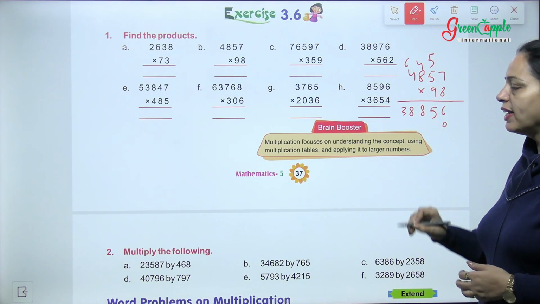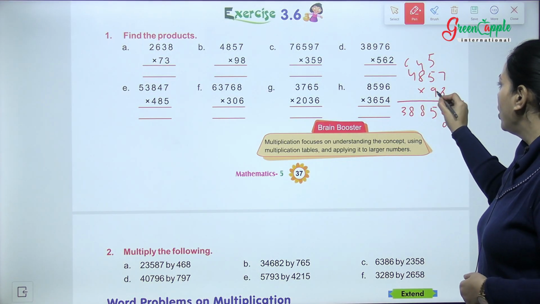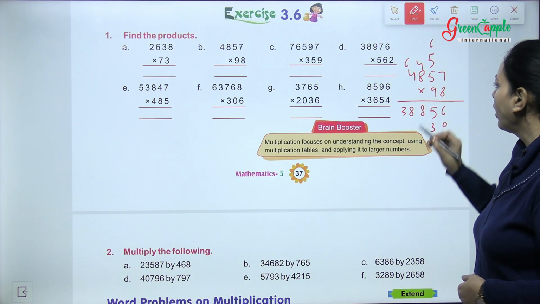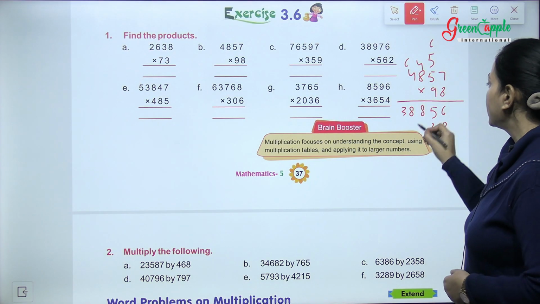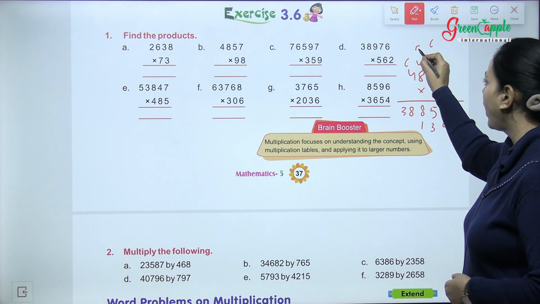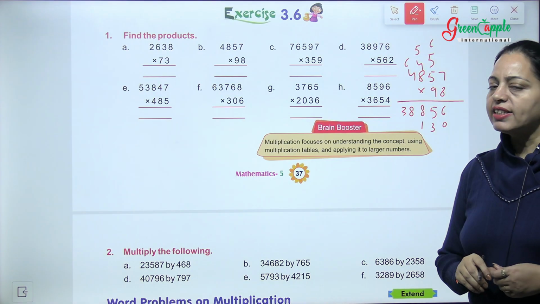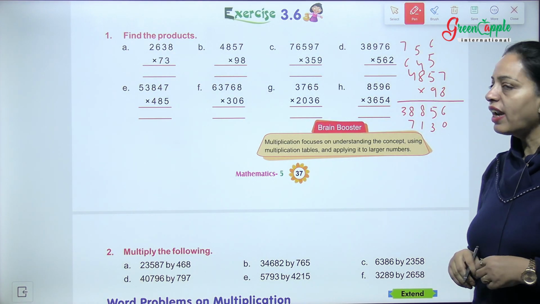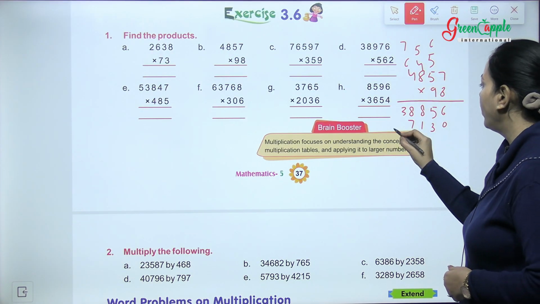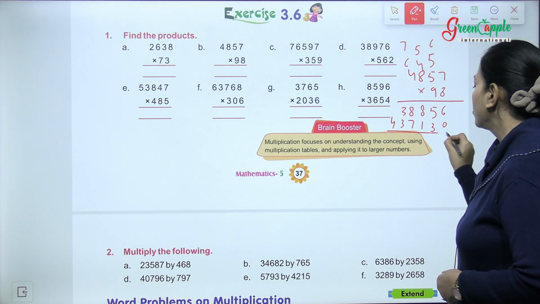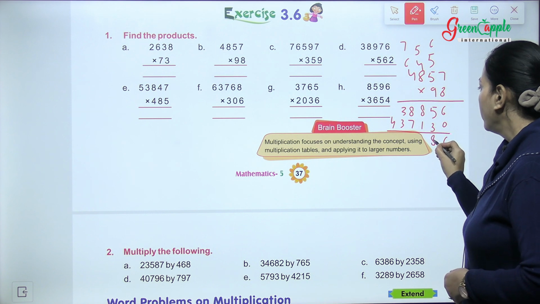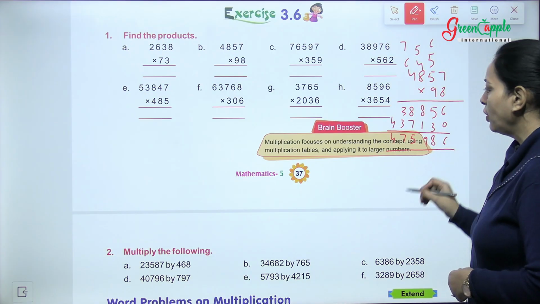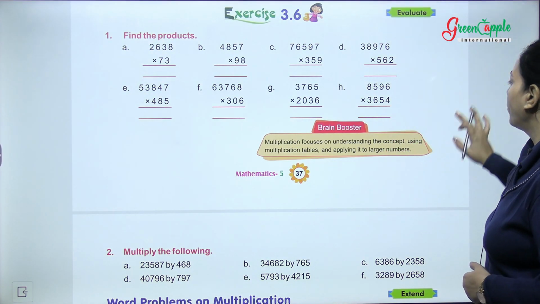Now multiply by tens digit 9, so here 0, 9 7s are 63, 3 here 6 carry, 9 5s are 45 plus 6 is 51, 1 here 5 carry, 9 8s are 72 plus 5 is 77, 7 here 7 carry, 9 4s are 36 plus 7 is 43. So now add it. So this is the answer. Okay, similarly you can try remaining parts, do the practice.